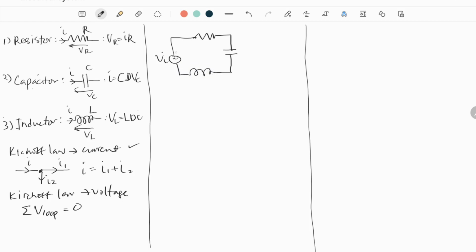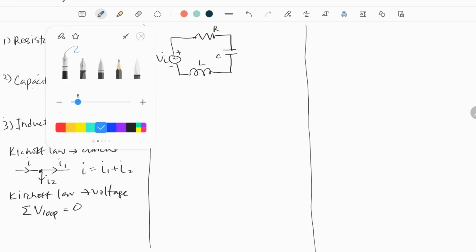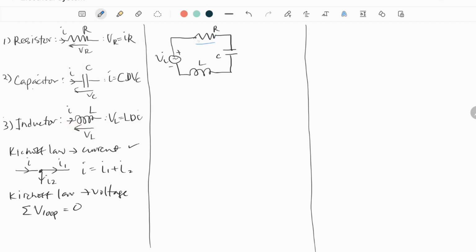The resistor has resistance R, with capacitor C and inductance L. Then we have the voltage across the resistor VR, the voltage across the capacitor VC, and the voltage across the inductance VL. So we have the current passing through.